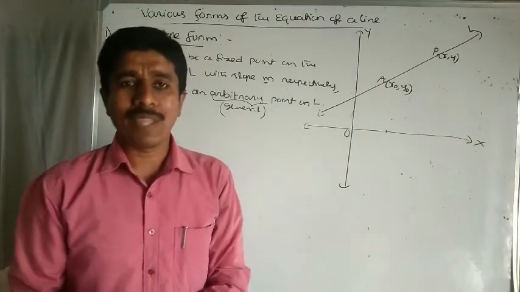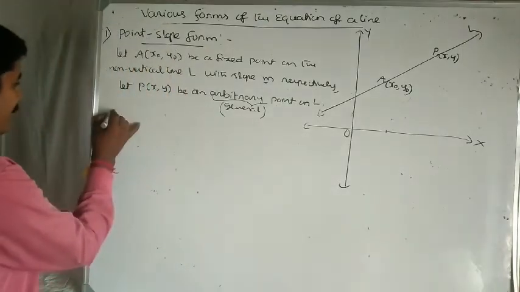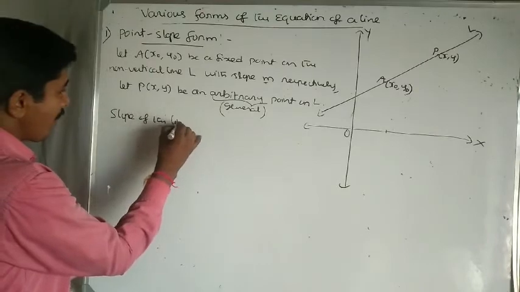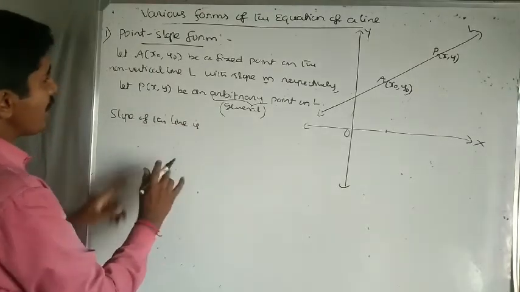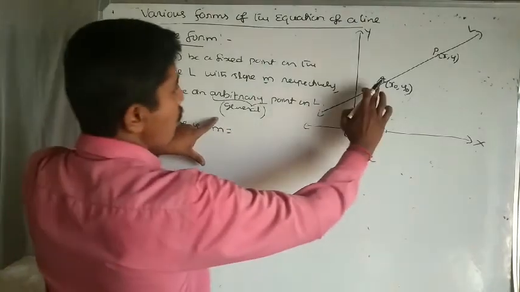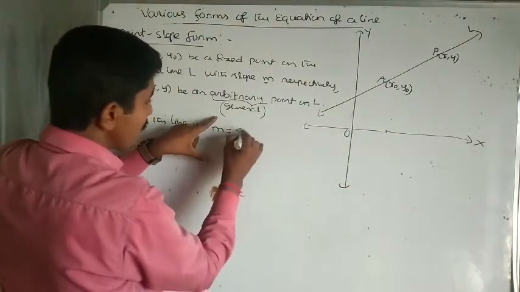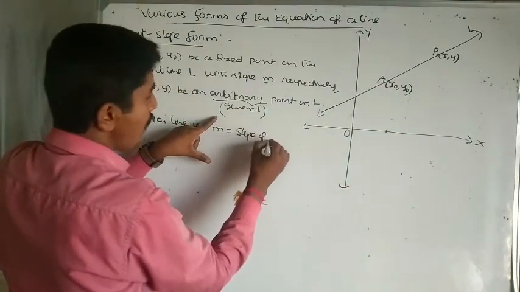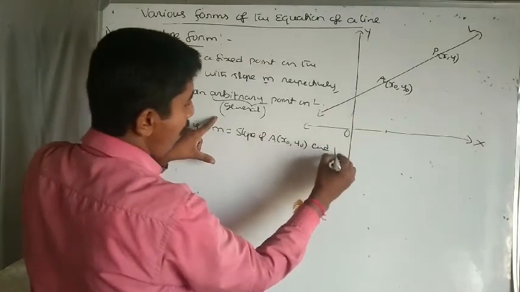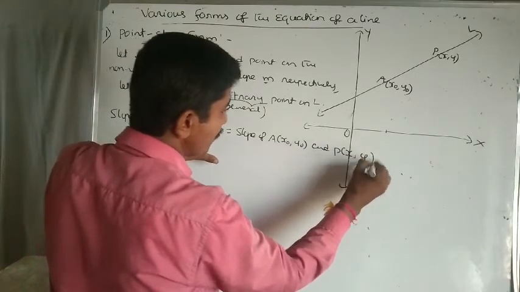Now I am taking the slope of the line, denoted m. Here m equals the slope of A and P, the slope of the line passing through the points x naught comma y naught and x comma y.